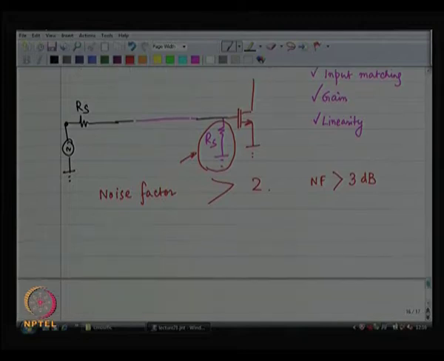right. You want a noise figure of something like, a good number is 1 dB, 1.2 dB, 1.5 dB, 2 dB, right. 3 dB is a bad design, and that too 3 dB without even considering what else is there. So, the MOSFET did not even come into the picture, I am already at 3 dB.